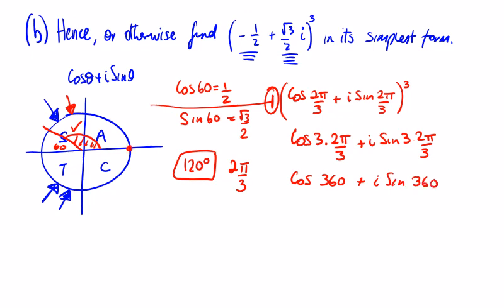So it's this point here on the unit circle, which is (1, 0). So that means that the cos of 360 and the cos of 0, we go all the way around, we can see the cos is going to be 1 and the sine is going to be 0, based on our knowledge of the unit circle and the points on the unit circle. So this is going to give me a 1, this is going to give me a 0i, and that's that complex number written in its simplest form.